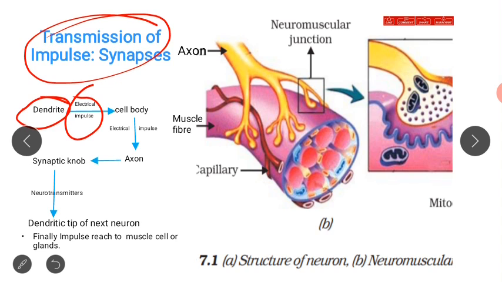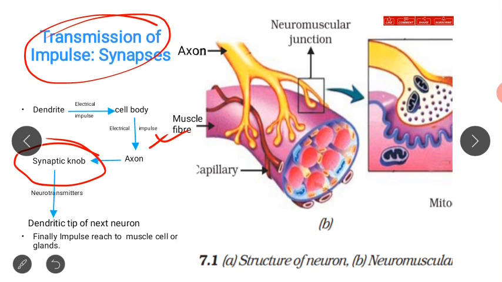This electrical impulse travels from the dendrite to the cell body of the neuron, and from the cell body of the neuron this electrical impulse travels to the axon of the neuron. Axon has endings where some bulb-like structures are present, which is called synaptic knob.